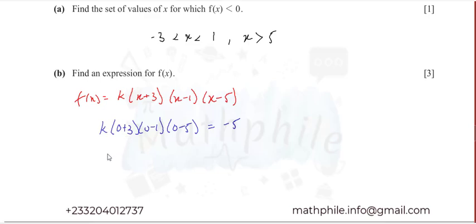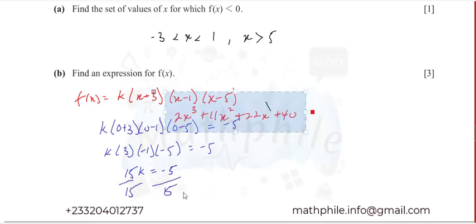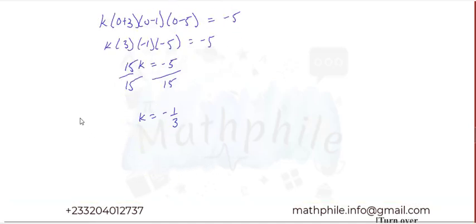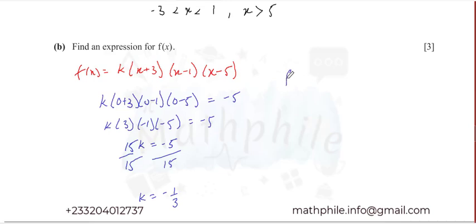So this gives you k into 3 times -1 times -5 equals -5, and this should give you a +15. -5 times -1 is +5, times 3 is +15, so 15k is equal to -5. Divide both sides by 15. Then in this case, k should be equal to -1/3.